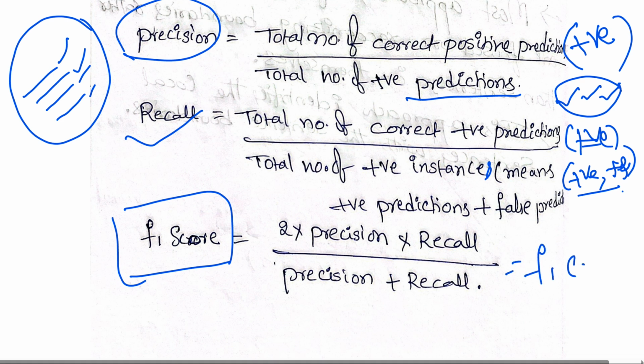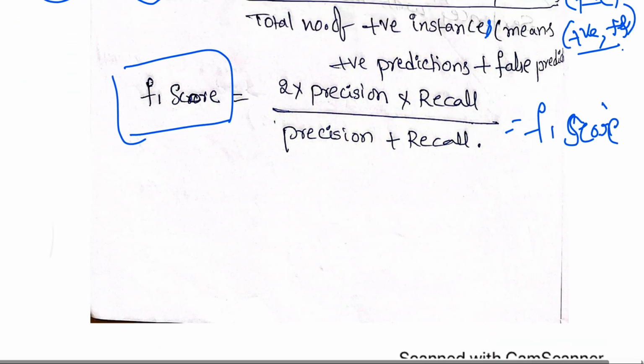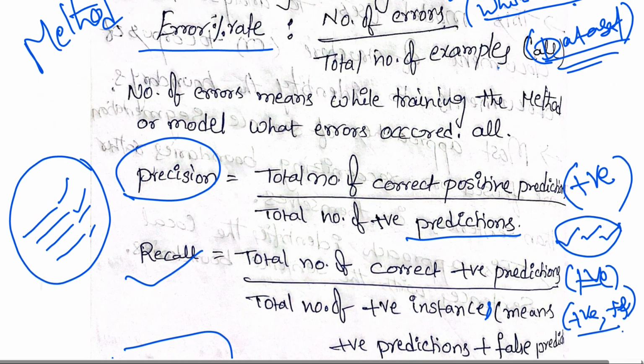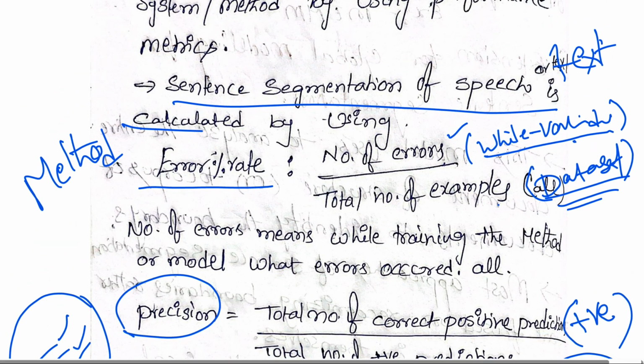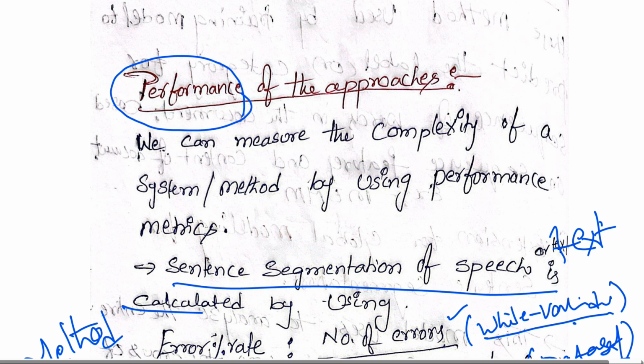Based on all these performance metric values, we can judge how accurately our method gives and predicts results, and from that we can say how complex the model is to build or analyze.